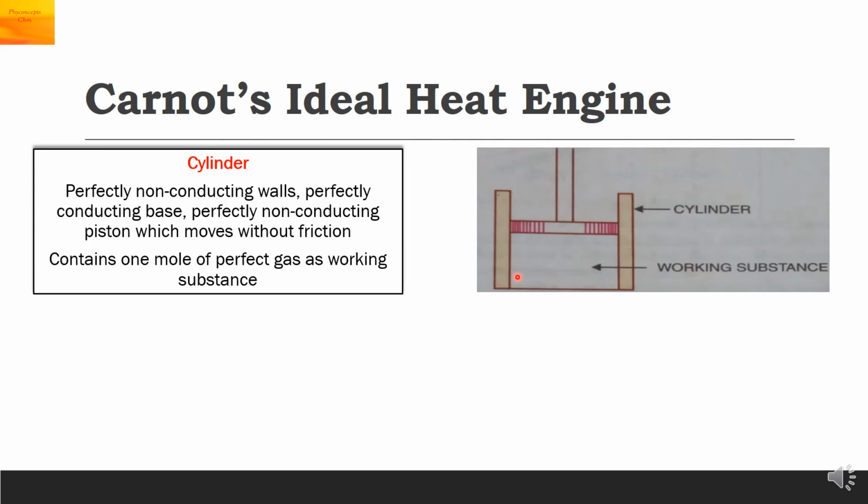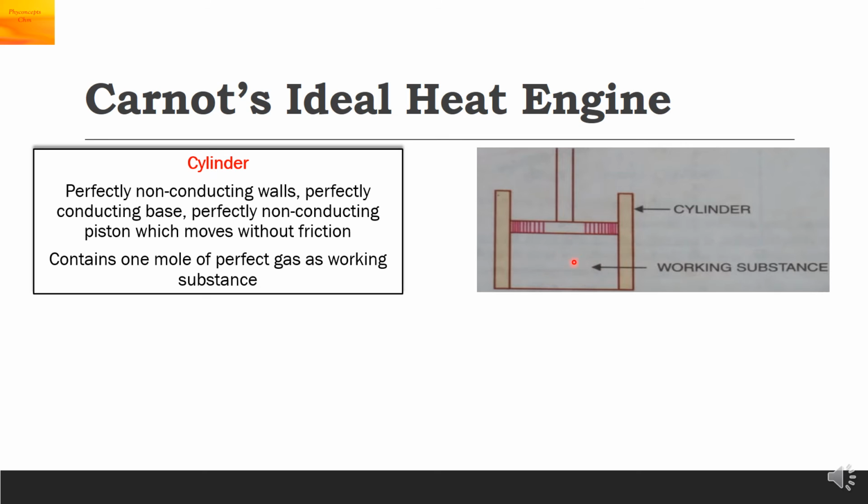It has non-conducting walls, this double layer that you see. These are non-conducting walls, and the base is perfectly conducting. Then there is a piston, which is also non-conducting. It moves without friction.